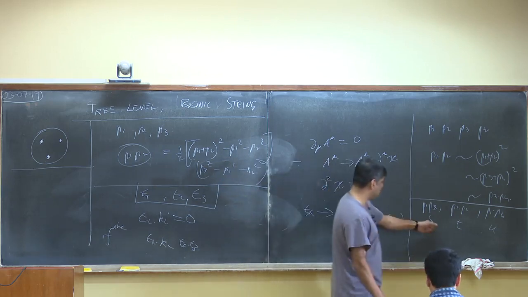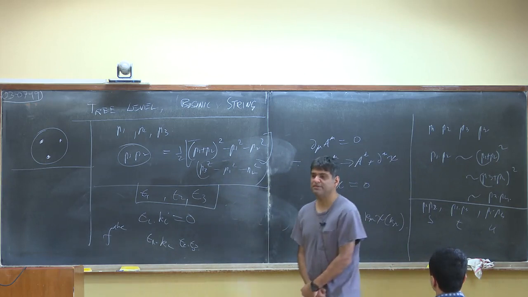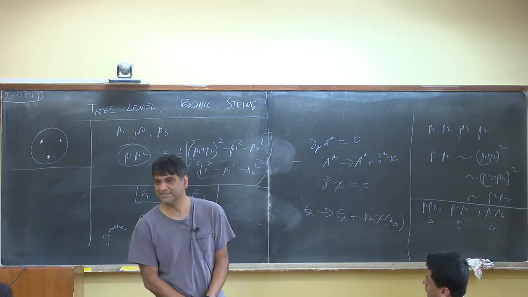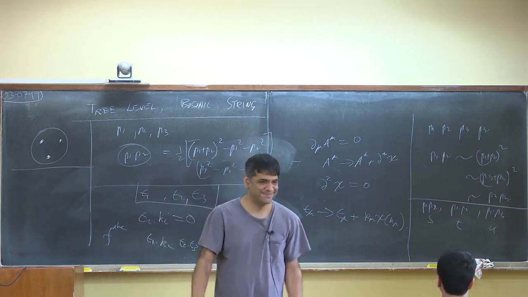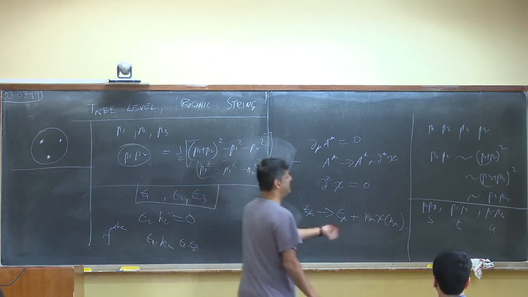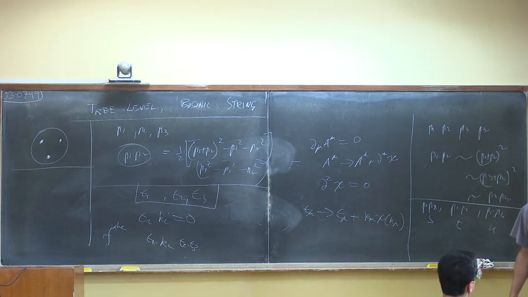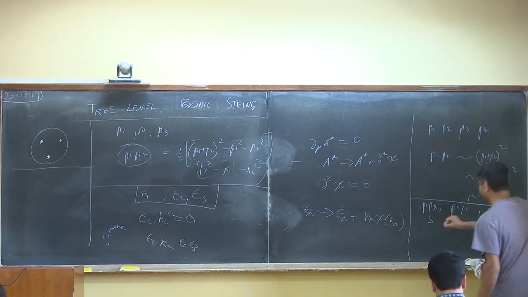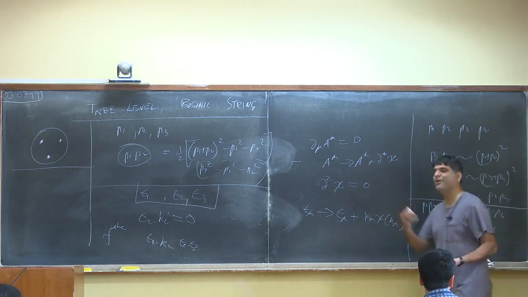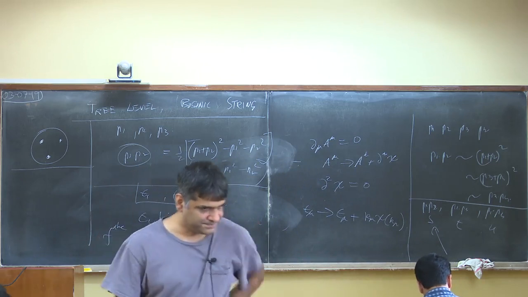Because suppose I take S plus T plus U, I get P1 dot (P2 plus P3 plus P4), which is minus P1 dot P1 by momentum conservation, which is minus M1 squared. Some factors of 2 I'm getting wrong here. So S plus T plus U is something fixed. So there are 2 independent pieces of scattering data, S and T or S and U or whatever, because their sum is fixed by kinematics.